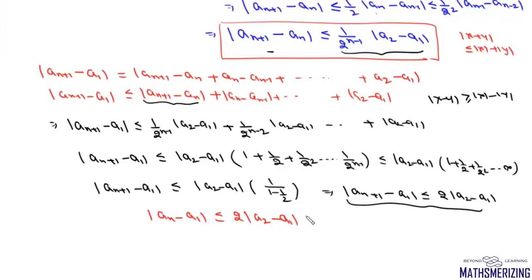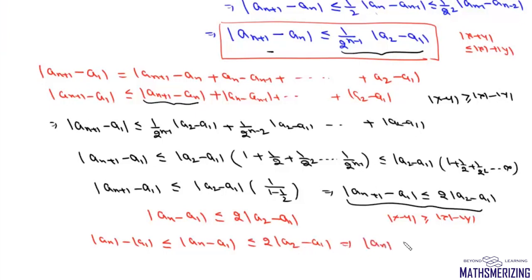Now we know that mod of x minus y is always greater than or equal to mod x minus mod y. So we can actually write this as mod of an minus mod of a1 is less than or equal to mod of an minus a1, which is less than 2 times mod of a2 minus a1. So from here we can say mod of an will always be less than or equal to 2 mod of a2 minus a1 plus mod a1.